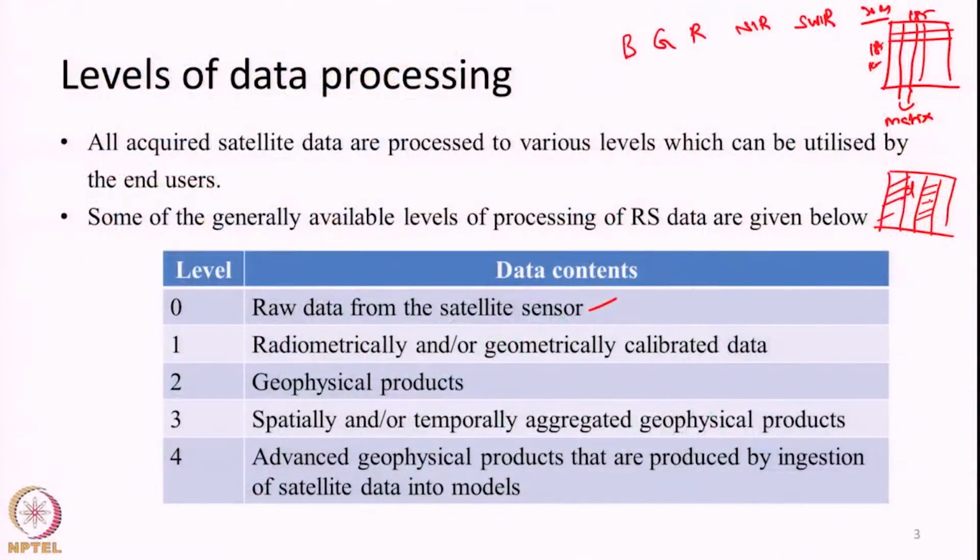So, level 2 will be maybe a soil moisture product, or a vegetation optical depth product, or a sea ice thickness product, and so on. Level 2 products are essentially geophysical quantities obtained after a certain level of processing of the level 1 data. Level 2 gives us geophysical products at the same resolution or data characteristics as level 1.